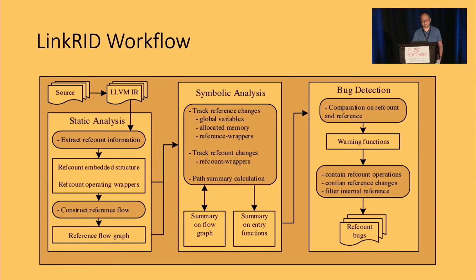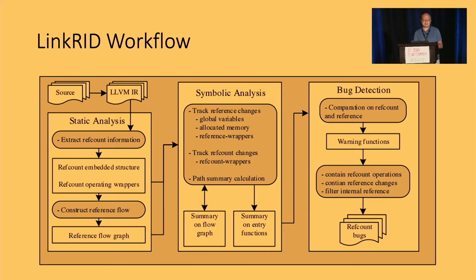So here's a brief overview of the workflow. We have a static analysis trying to understand first what objects are being ref counted. Second, how the reference count is being increased or decreased with wrapper functions. Then we have a static analysis to narrow down the analysis scope. Once we have that scope, we perform under-constraint symbolic execution, path sensitive analysis, to track reference count changes and reference changes.